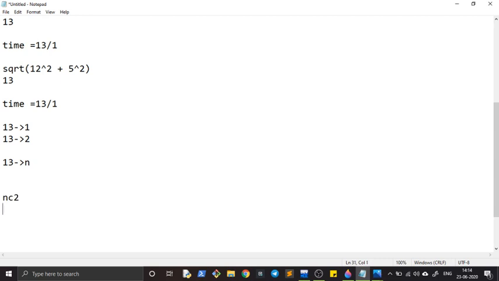It gives us n into n minus 1 by 2. So we will get n into n minus 1 by 2, and we will use this formula.